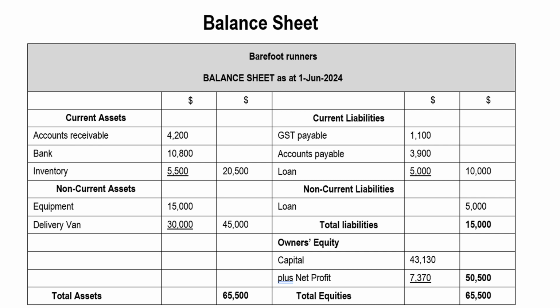In this example, if we look at our current liabilities, we've got a GST payable balance of $1,100. This will be recorded as a positive figure because this represents the amount of GST that is owing to the ATO based on what occurred in the previous reporting period.